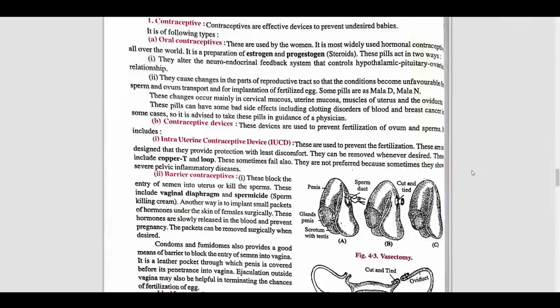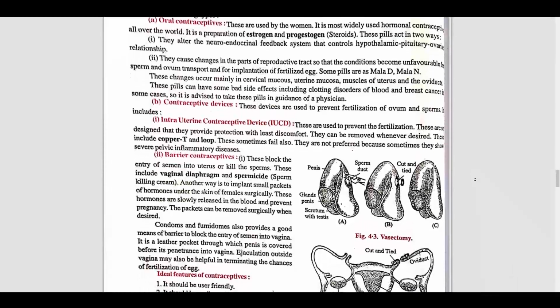Second is the contraceptive device. First is the oral contraceptive and second is the contraceptive device. These devices are used to prevent fertilization of the ovum and sperm. They include IUCD, which means intrauterine contraceptive device.